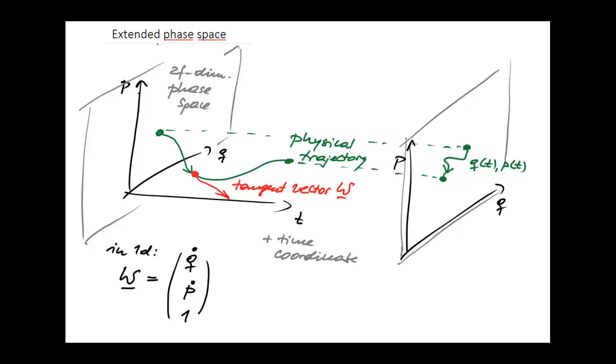I just have one q dot, one p dot, and I have 1. Since this is the physical trajectory, the Hamilton equations must hold, and therefore it must be true that q dot is equal to the partial derivative of the Hamiltonian with respect to p. p dot is minus the partial with respect to q, and 1 is 1.